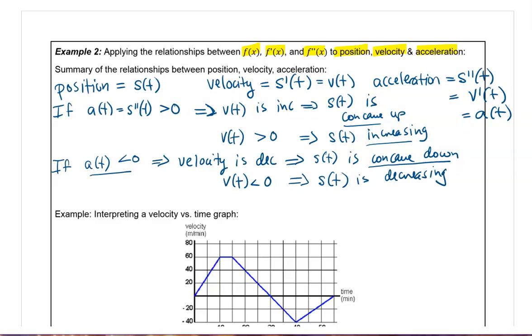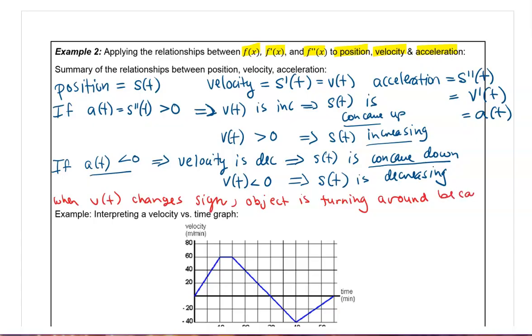Now, when velocity changes sign, that indicates where our object's position is changing direction or turning around. And again, this is because position is changing direction. I never leave enough space to write all this down.